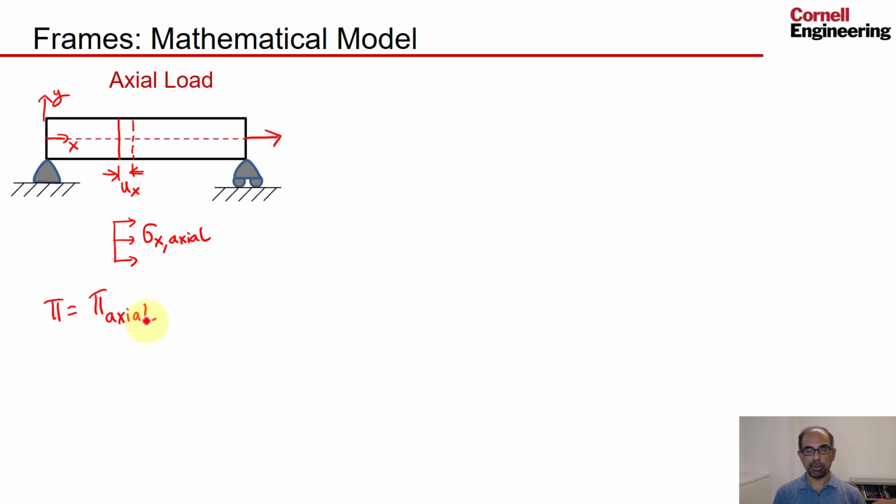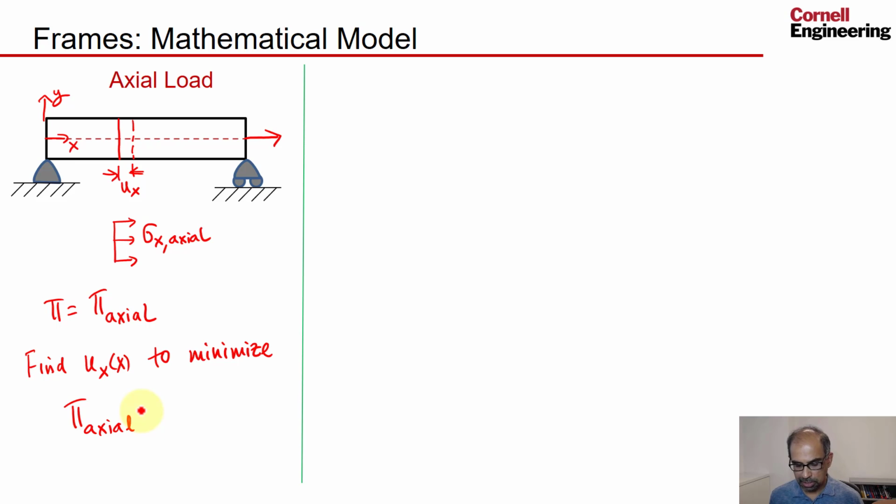Then the problem reduces to find u x. Now that's going to be a function of x. In this case, it's going to be a linear function, right? The cross section is going to move the most here. It's not going to move at all over here. So we have to find a linear function u sub x such that the potential energy is minimized. So to minimize pi axial. That's essentially what the truss mathematical model is.